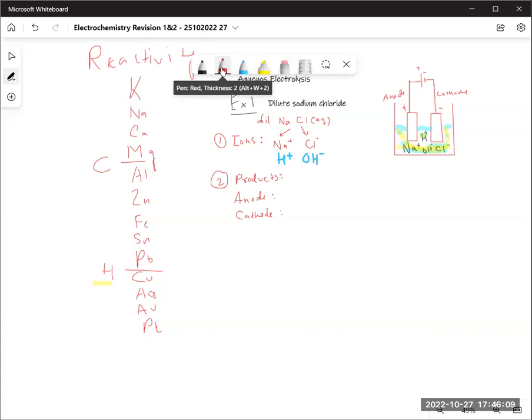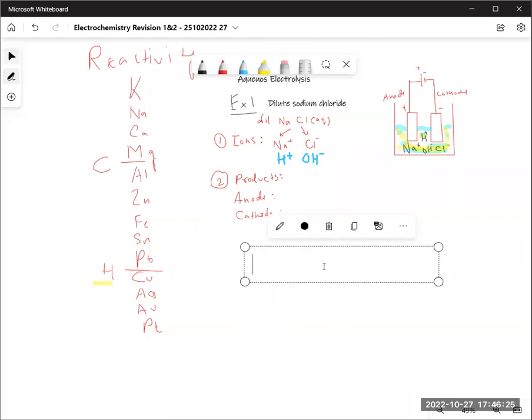Between alkali metals and copper, what do you think is more reactive? Now I'll tell you right now: alkali metals are the most reactive.